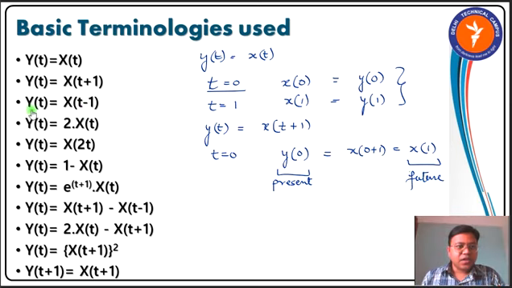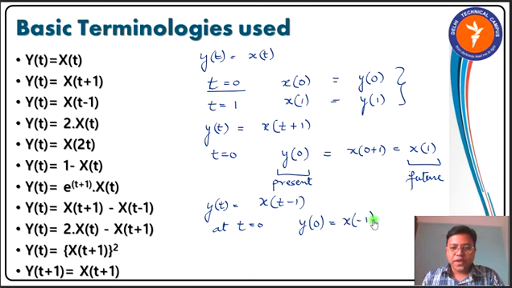Let us consider another example where y(t) is equal to x of t minus 1. When y(t) is equal to x of t minus 1, let us consider the time instant at t equal to 0. Then at t equal to 0, this equation will become y of 0 will be equal to x of minus 1.